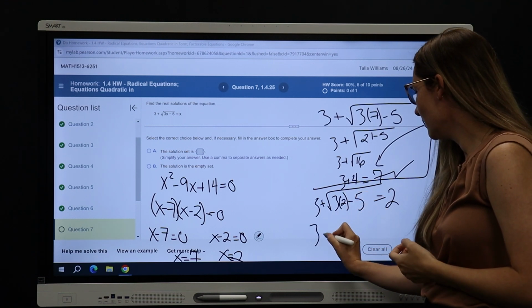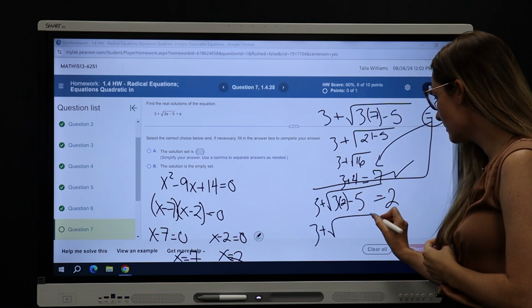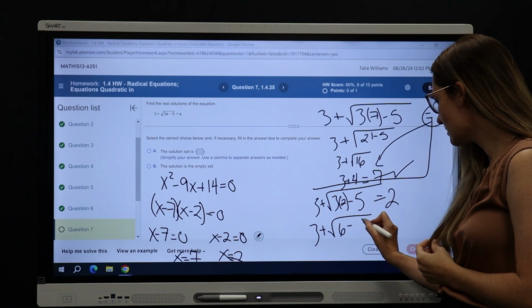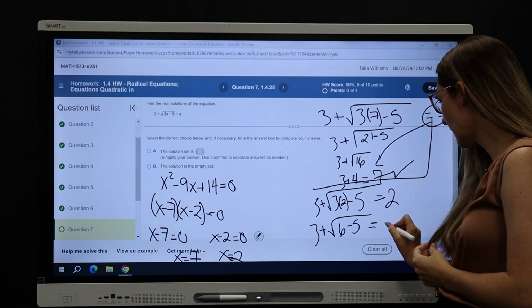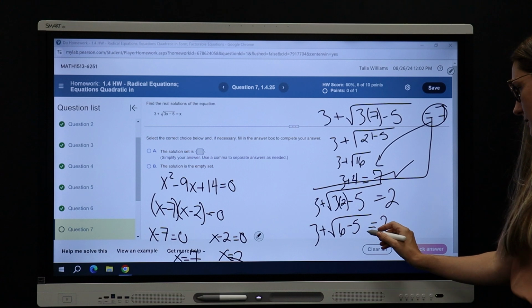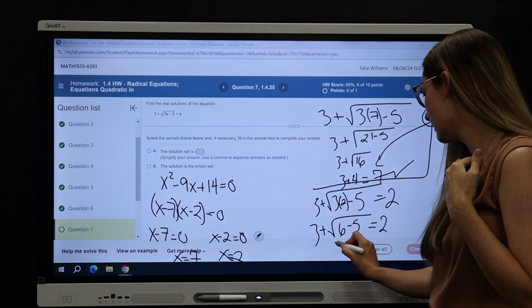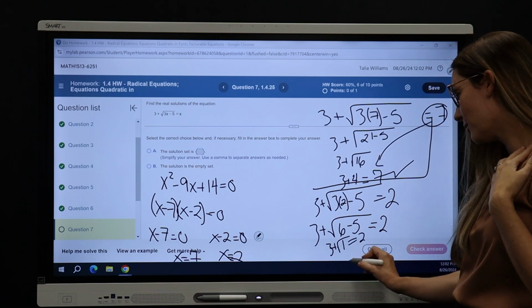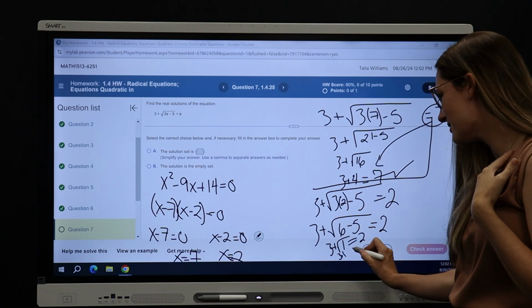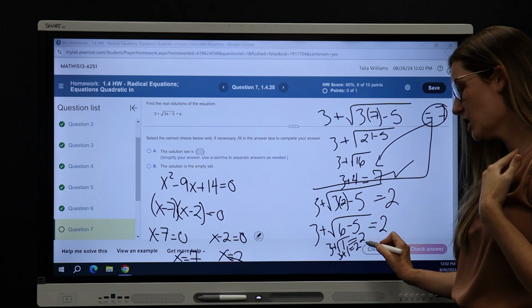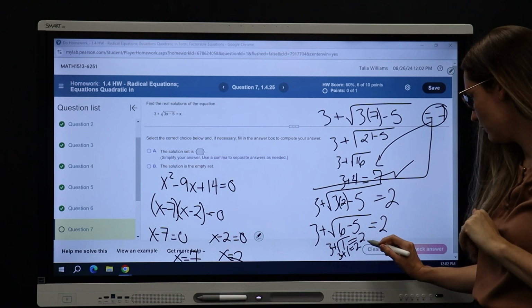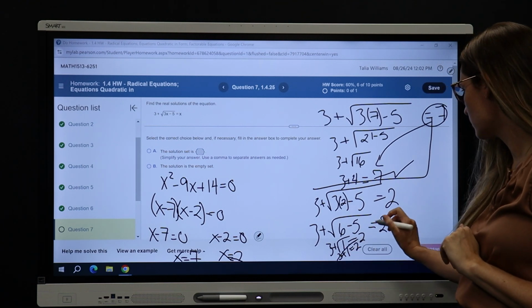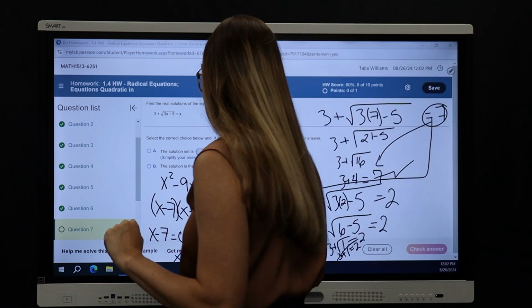So we have 3 plus the square root of 3 times 2, which is 6, subtract 5 equals 2. 6 subtract 5 is 1, so I'd have 3 plus the square root of 1 equals 2. The square root of 1 is 1, so 3 plus 1 equals 2. No. So this one is not an answer. So the only answer is the 7.